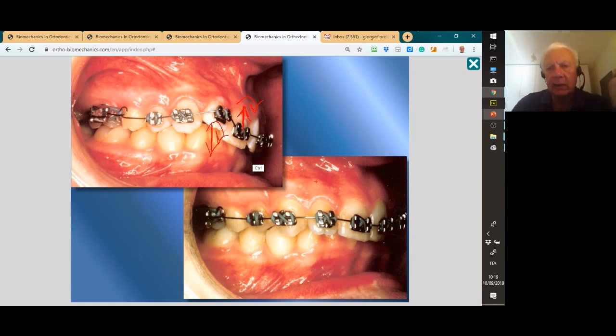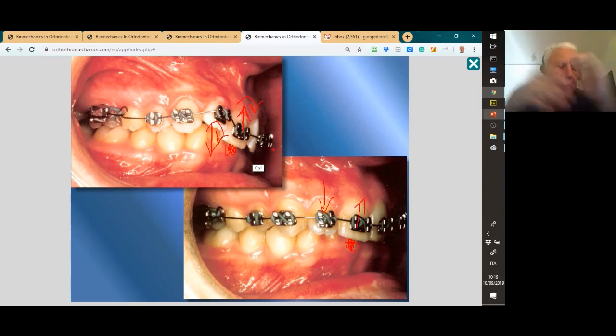What I see is the extrusion of this tooth, but I can't see any real intrusion of the central incisor. Look here, the amount of tooth which is displayed here is definitely not very different. Why did this happen? Now we have to think also about biology.